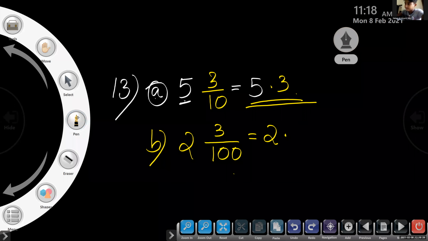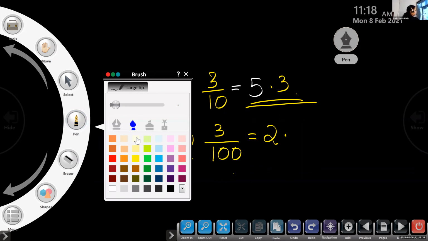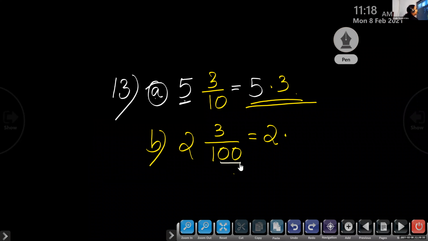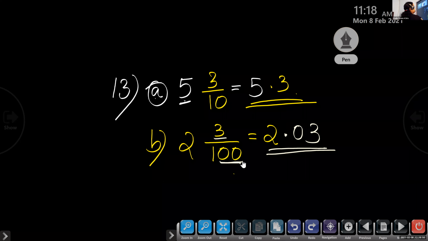Now, children, you have to be careful. Here we have 2. Here we have only 1. So what do you have to do? 2.03. Very good. Why, children? Here we have to write 2 decimal places, but here we have only 1.